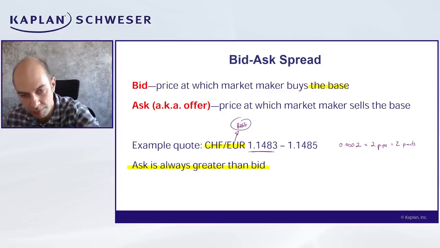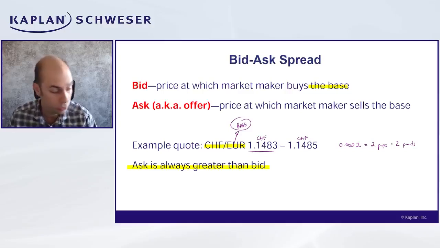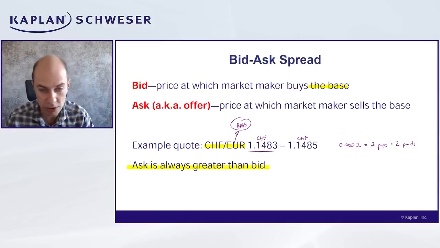Now, the actual prices are in CHF. That's why CHF here is referred to as the price or the quoted currency. But what the market maker's actually buying and selling is the euro. That's why I want you to keep thinking about the euro.